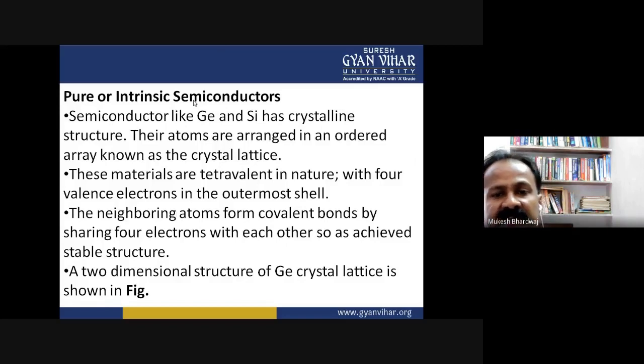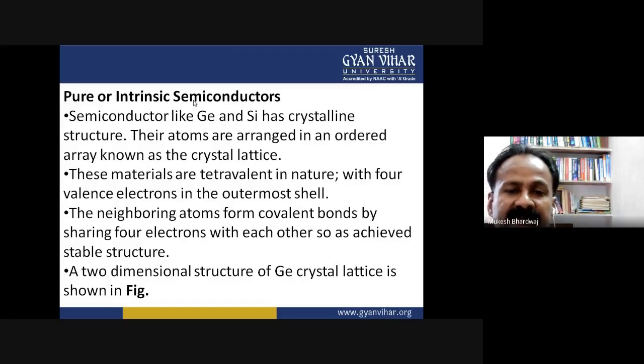Their atoms are arranged in an ordered array known as a crystal lattice. These materials are tetravalent in nature, with 4 valence electrons in the outermost shell.